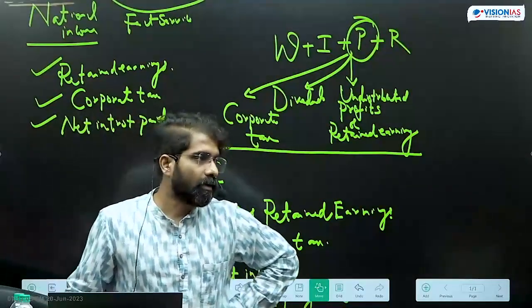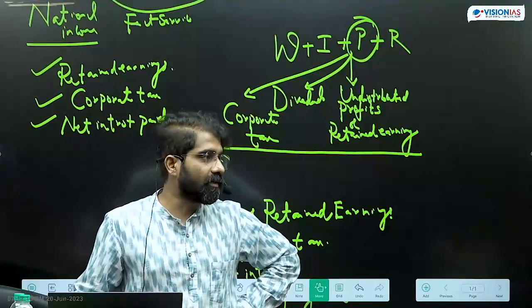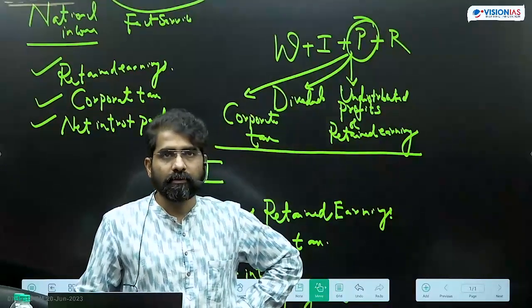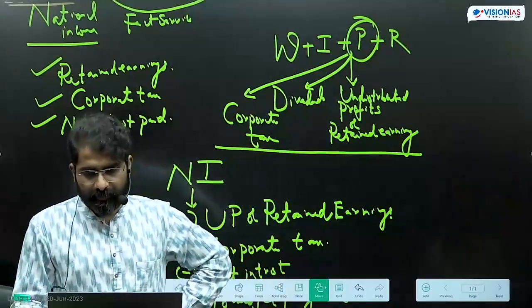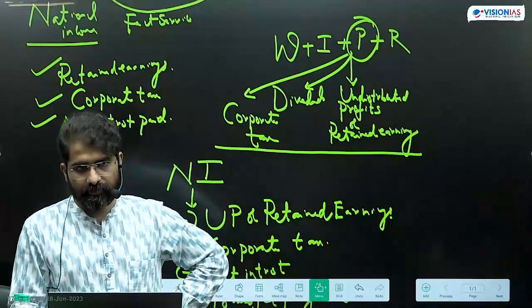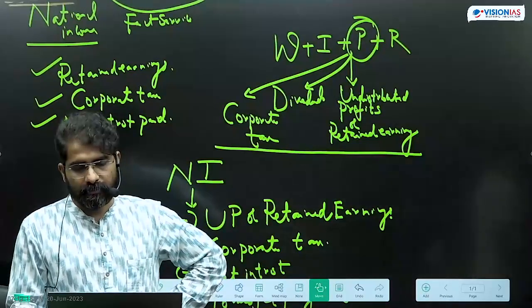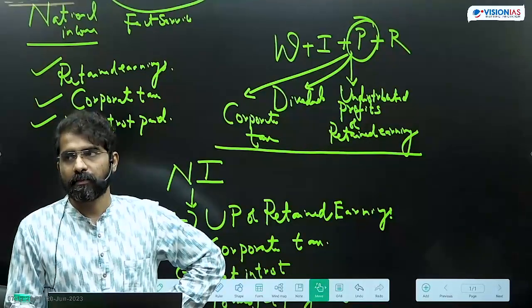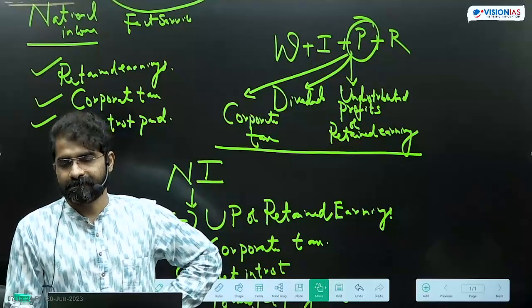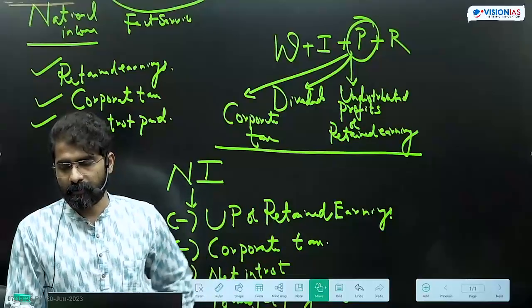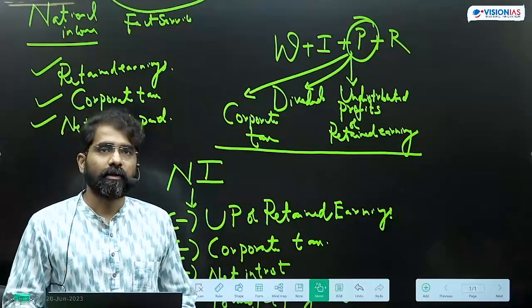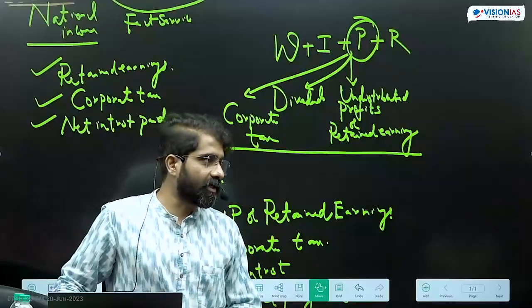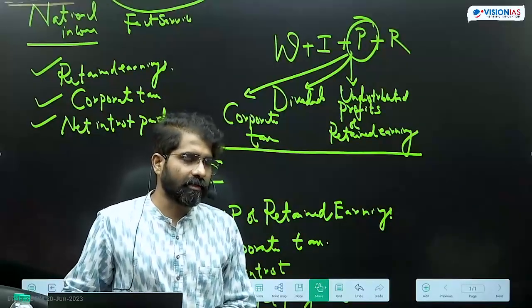Okay. So put the heading personal income. Why is interest on national debt not included in national income?